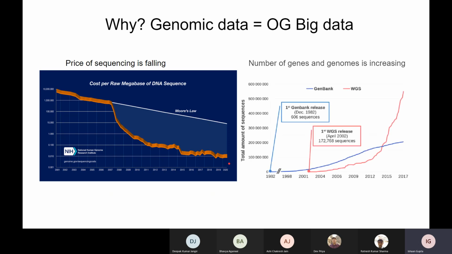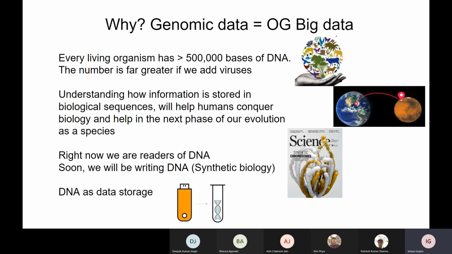Many more gene entries and many more whole genome sequences have been added because of technologies, right? And this has actually led to a real big revolution of big data that is driven by genomic data.